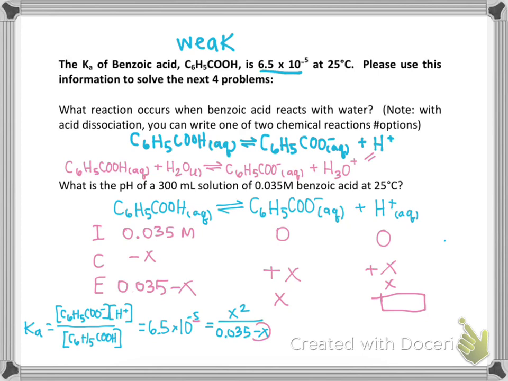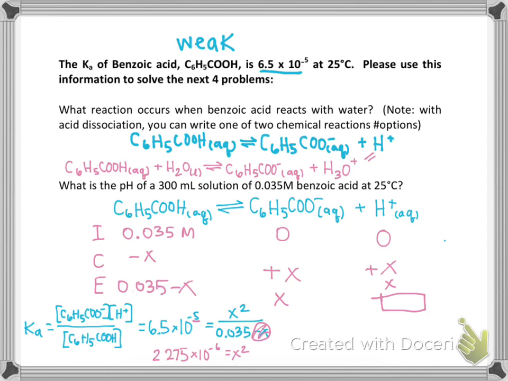And so we say this number would be negligible, so we're just going to go ahead and ignore it. And that makes solving this really easy now. We can just multiply over by 0.035. And we end up saying that 2.275 times 10 to the negative 6 is equal to x squared.